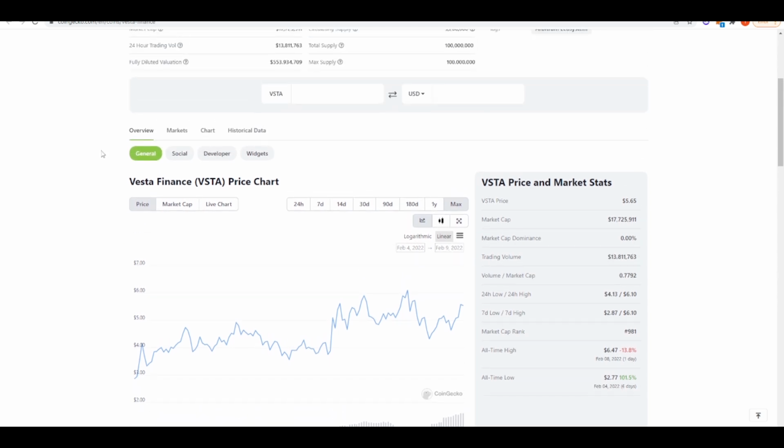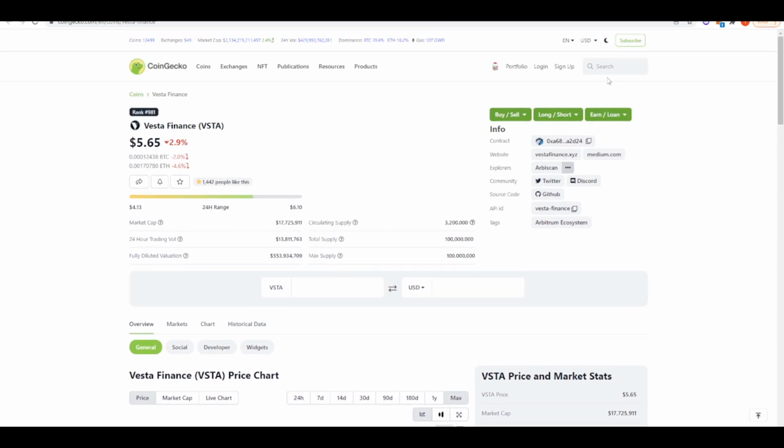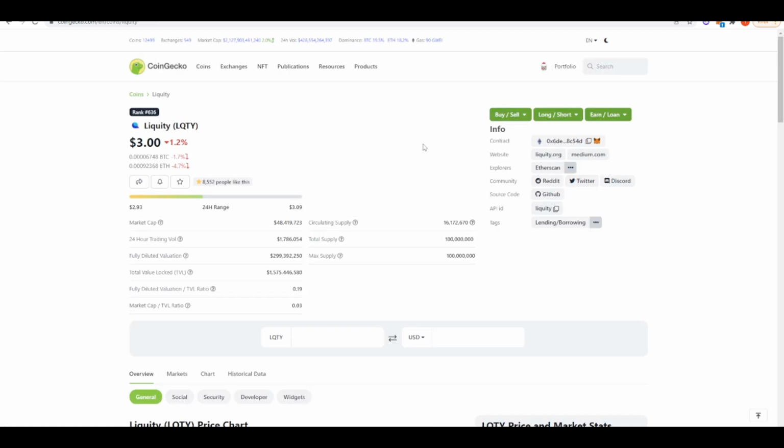So I think the theory behind this is that it would trade similar to Liquity and their governance token. However, they're actually doing a few different things, right? They're incorporating different tokenomics, so I would expect it to actually move differently.